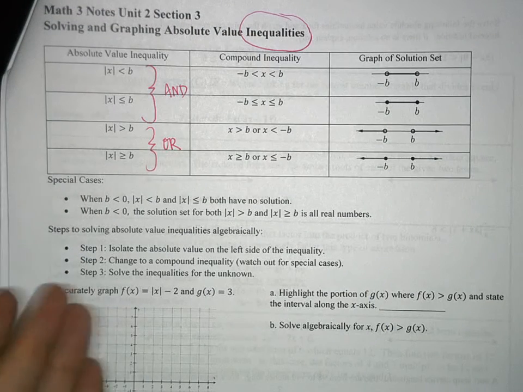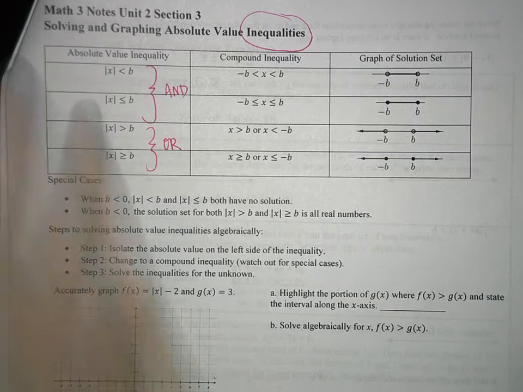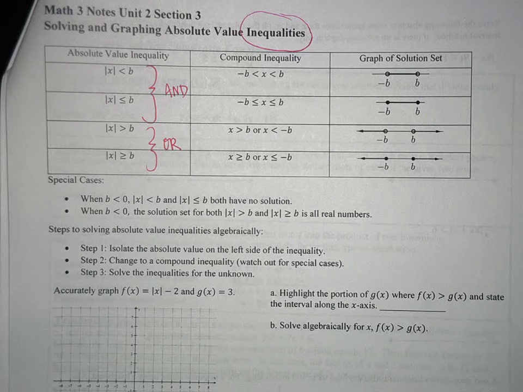So these are greater than signs, and these are less than signs. Now what that means is "and" means they have to overlap. It has to be this and that. So the answer to the graph is the overlapping portion. On "or" problems, it can be one graph or another graph. So "or" problems do not have to overlap, but "and" problems do have to overlap.